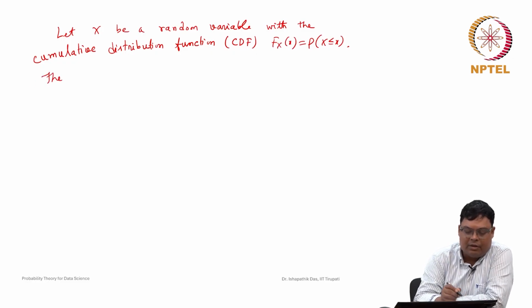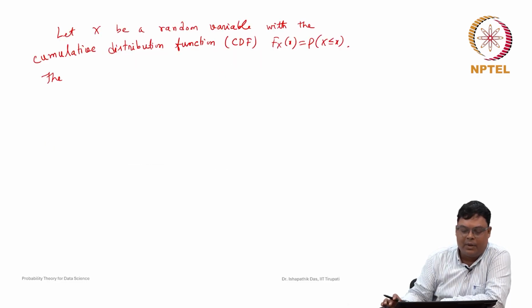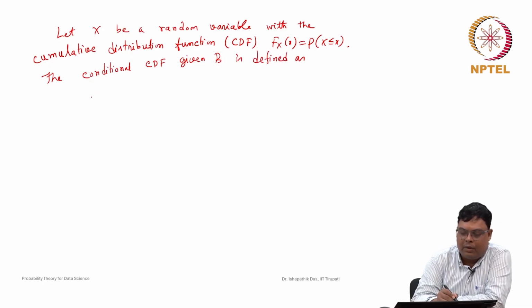The conditional distribution is defined as the conditional cumulative distribution function of the random variable x given B. The conditional CDF given B is defined as follows.